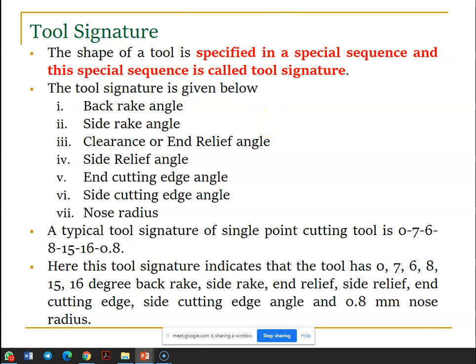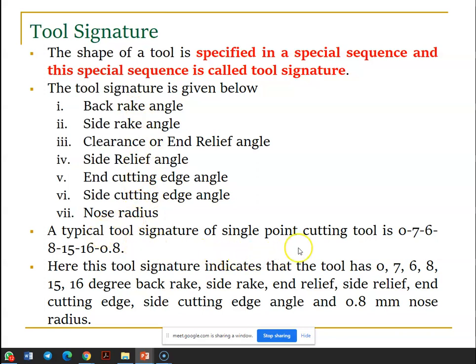The tool signature sequence is: first the back rake angle, second the side rake angle, then the end relief angle, side relief angle, end cutting edge angle, side cutting edge angle, and then the nose radius. These are the sequence you need to remember.